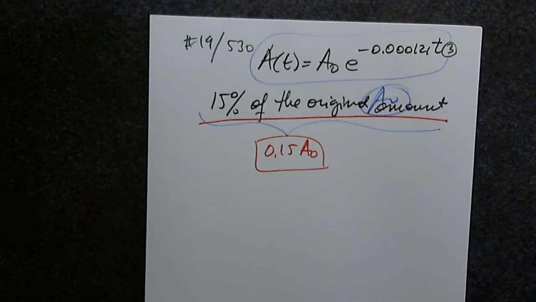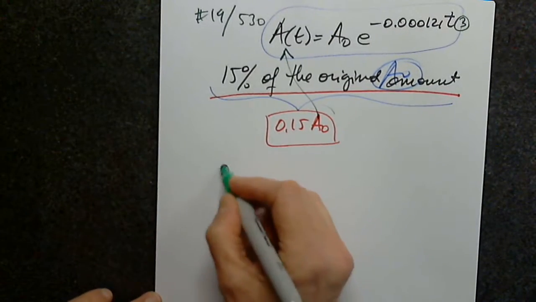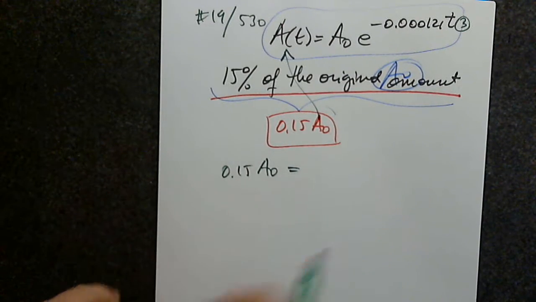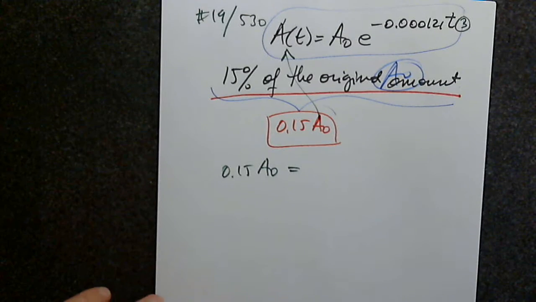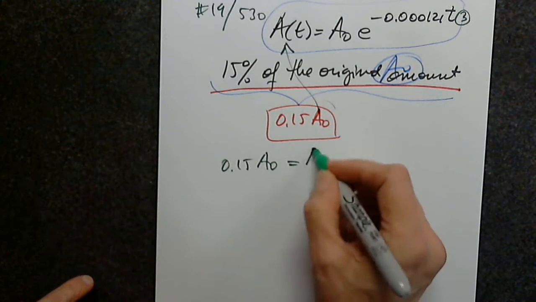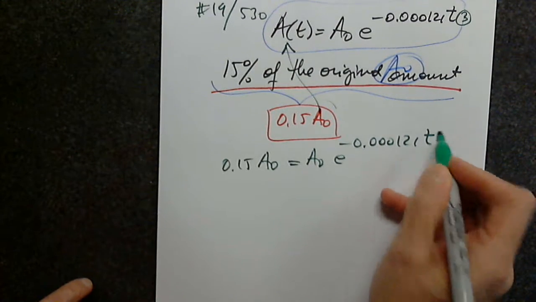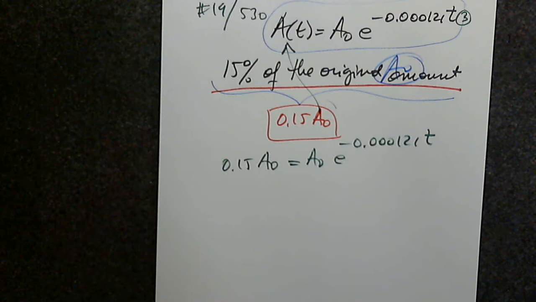A of T equals 0.15, right, but that goes in here. So 0.15 A0 equals A0 e to negative 0.000121 t. And now you can say, but you don't have A0.